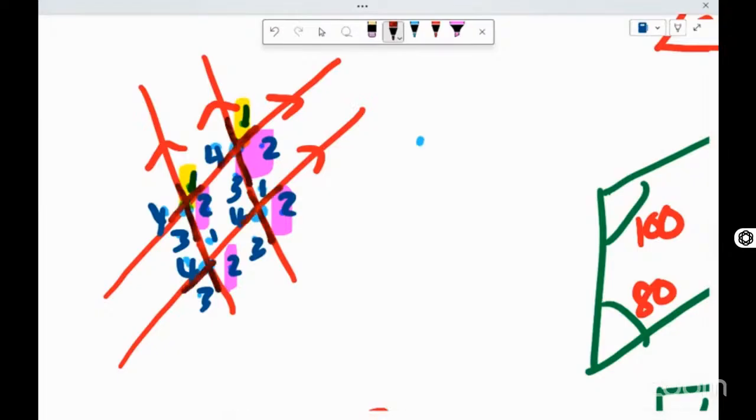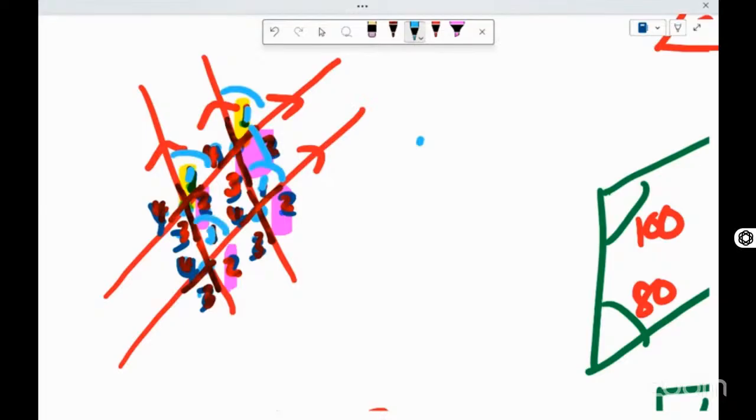I label each of these 1, 2, 3, and 4: 1 at the top, 2 to the right, 3 down, and 4 left. By doing this, I can see that 1 is corresponding this way, and 1 is also corresponding that way.